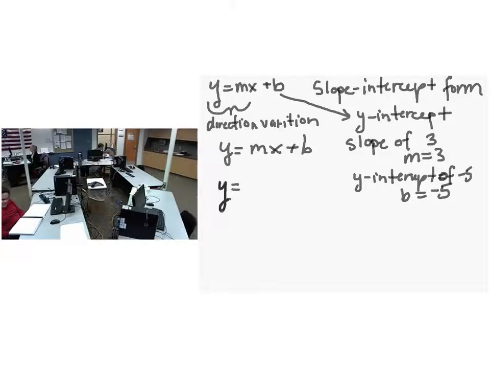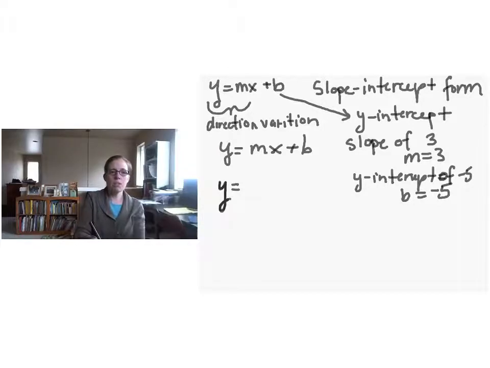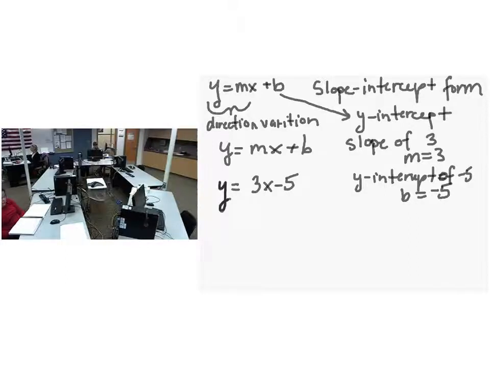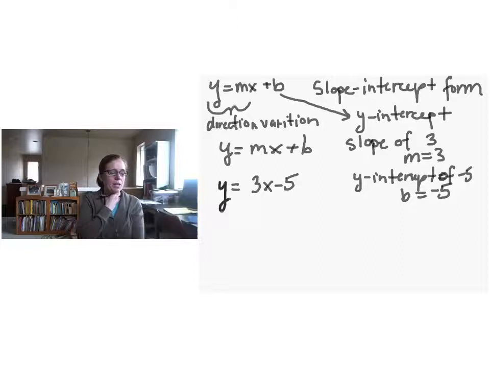Right, so y equals, we can't forget the beginning part, y equals 3x minus 5. Justin, does that make sense? Wait, what happened to the plus sign that was there then? Oh, well, the plus b, it's basically like plus and minus 5, and it just becomes a minus.